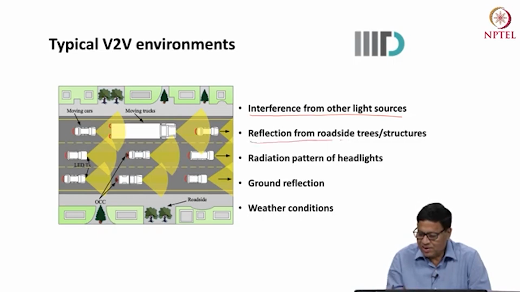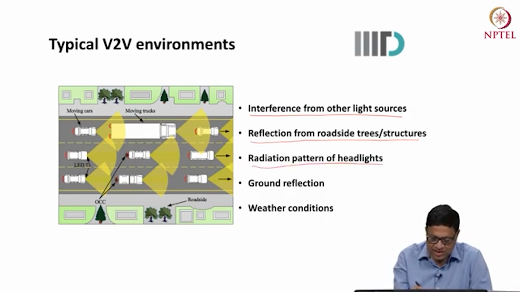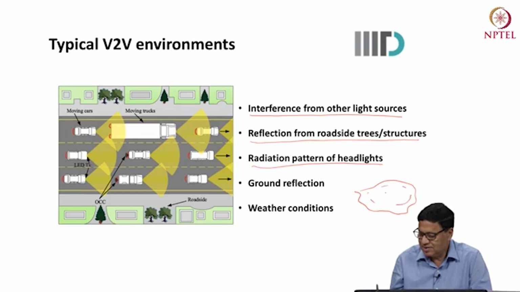There could be reflection coming from roadside trees and buildings or some structures. The radiation pattern of the headlight is shown here as symmetric, but it is not symmetric. It has an asymmetric pattern with different power levels depending upon where you monitor the power.